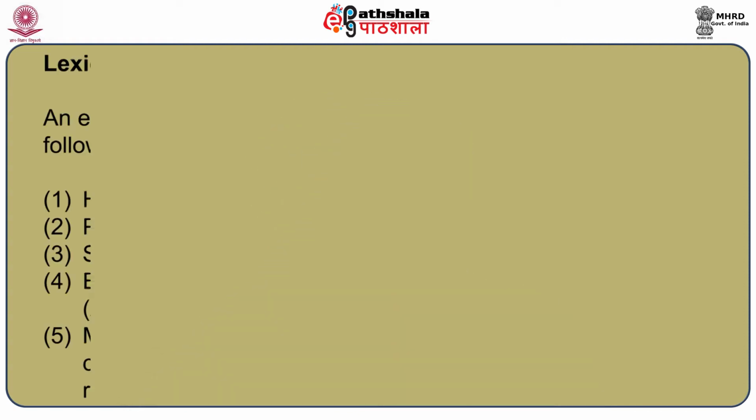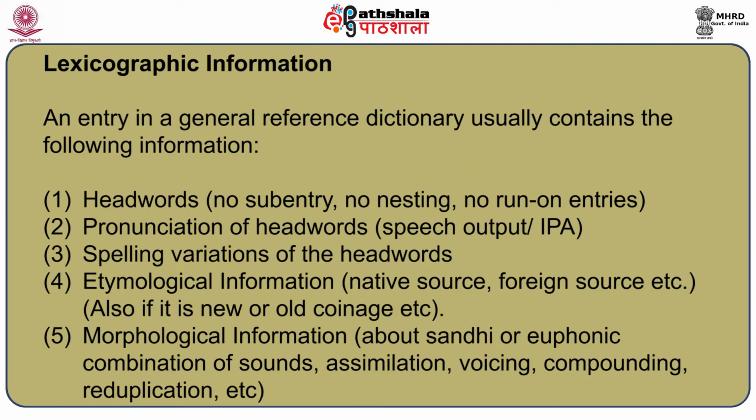From this point of view, the coverage of words in a descriptive dictionary can be monolingual, bilingual or multilingual. But any type of dictionary described earlier can be either monolingual or bilingual. The lexicographic information which is normally given in a descriptive reference dictionary.